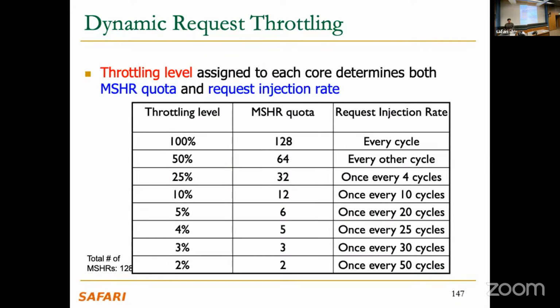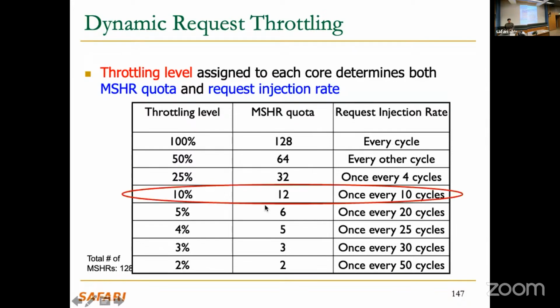So this is an example. This is showing the throttling level in the first column for each application, and the associated number of MSHRs and the request injection rate for that throttling level. So here, basically, if you're not throttled at all, you can use all MSHRs, and you can inject requests to shared resources every cycle.